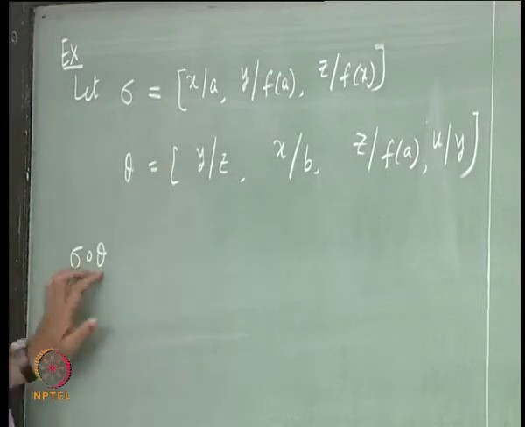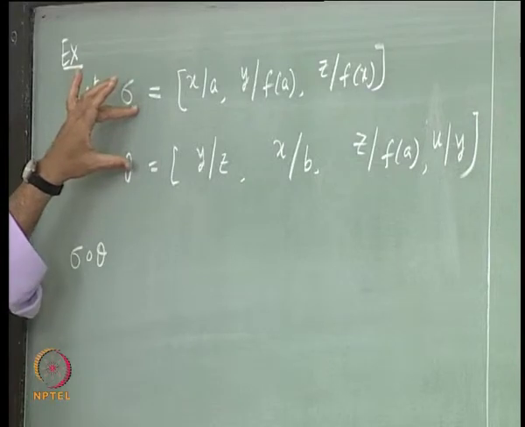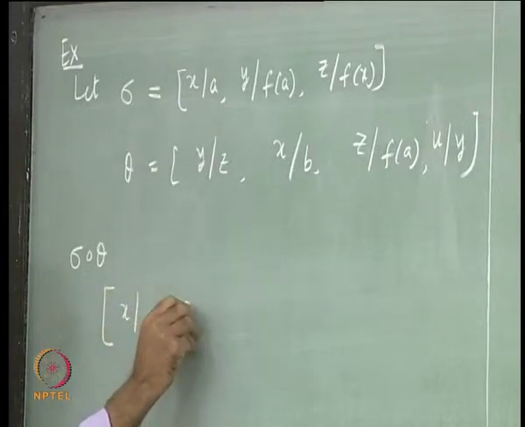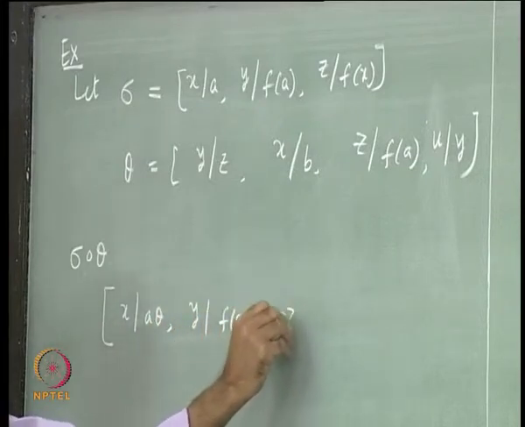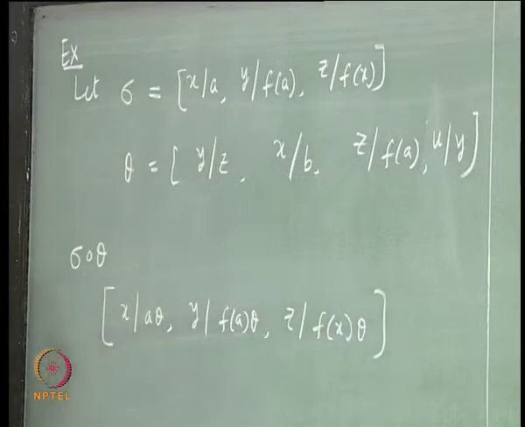So, for computing this, first we have to take sigma where denominators will be operated by theta, right. So, first we consider the list x by a theta, y by f of a theta, z by f of x theta, right.